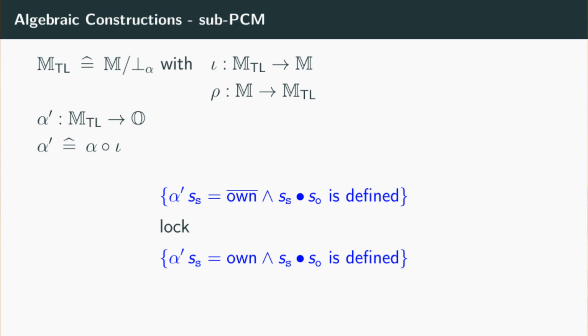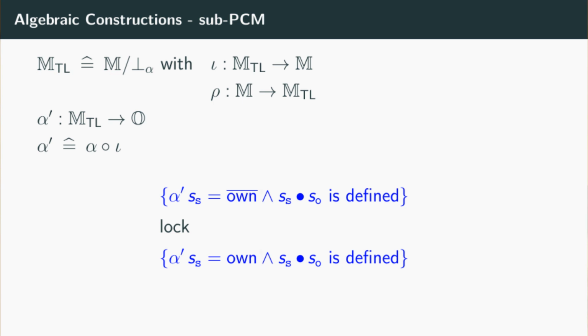The condition self-state bottom alpha related to the other state transforms into definedness of the sub-PCM. The important thing to keep in mind here is that the previous specification was expressed in terms of alpha over PCM M, whereas the new specification works in terms of alpha prime over the sub-PCM MTL.